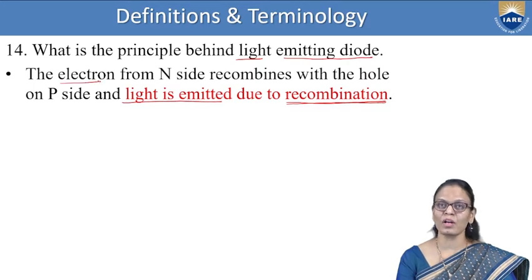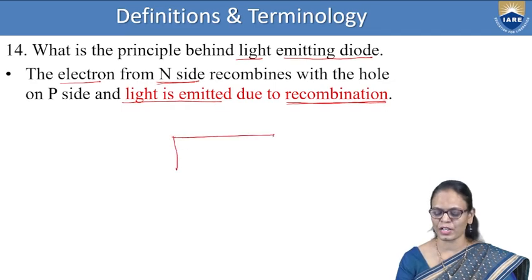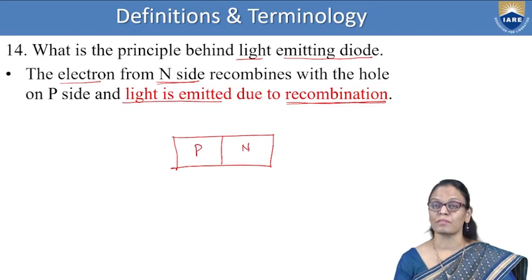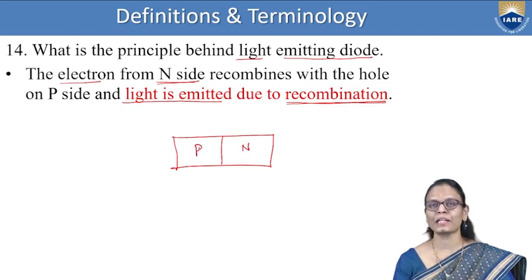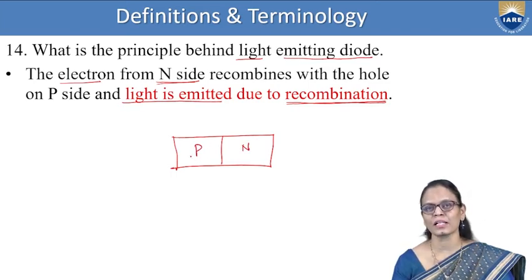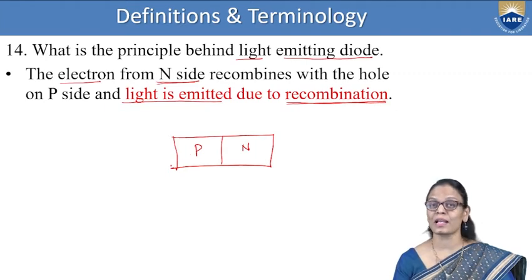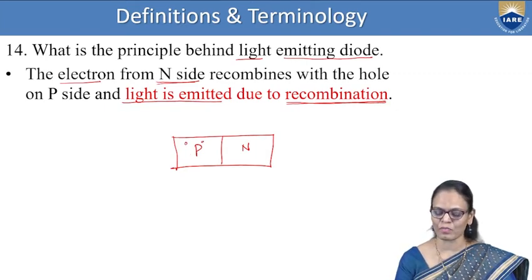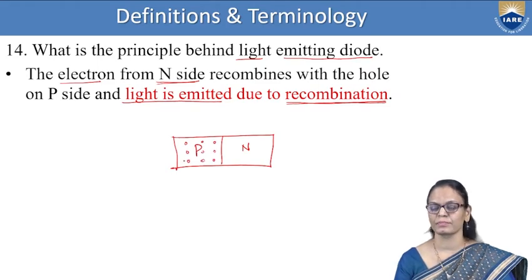So when is it emitted? When an electron from the N side, we have electrons on the N side. Now when we talk about a PN junction diode, this is P and this is N. When I say p-type, we are adding a trivalent impurity, an acceptor impurity, so there is an excess of holes here.